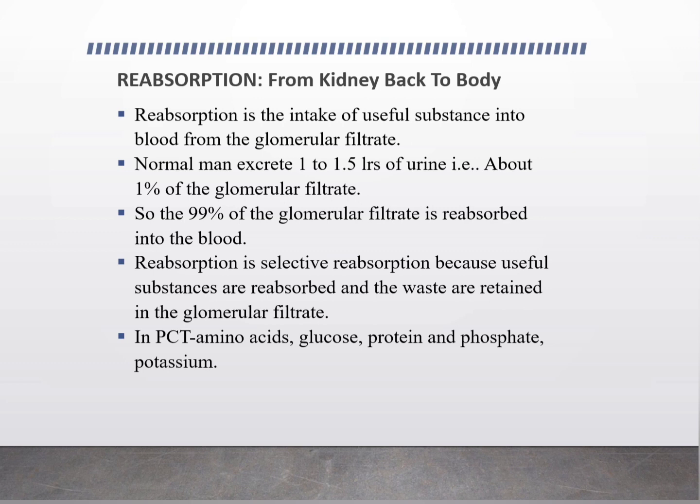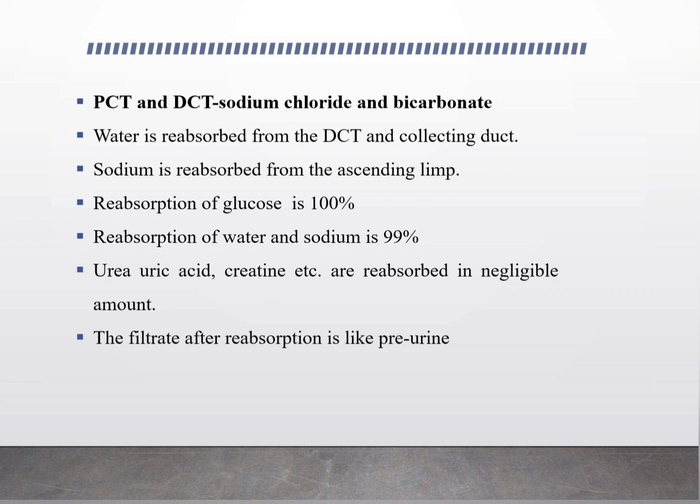Reabsorption is selective because useful substances are reabsorbed and other waste substances are retained in the filtrate. In the proximal convoluted tubule, some substances are reabsorbed such as amino acids, glucose, protein, phosphate, potassium, etc. Sodium chloride and bicarbonate are also reabsorbed in part of the proximal convoluted tubule and distal convoluted tubule.